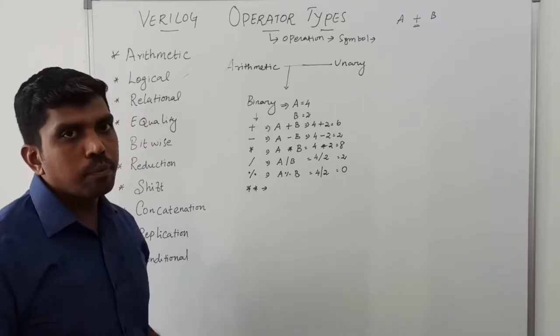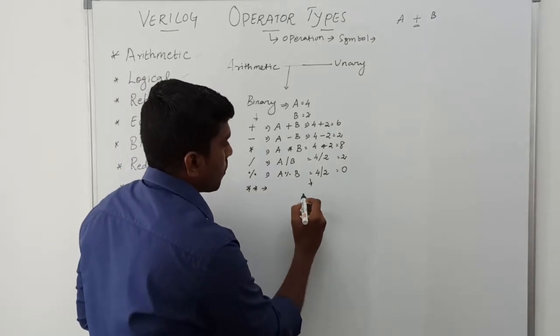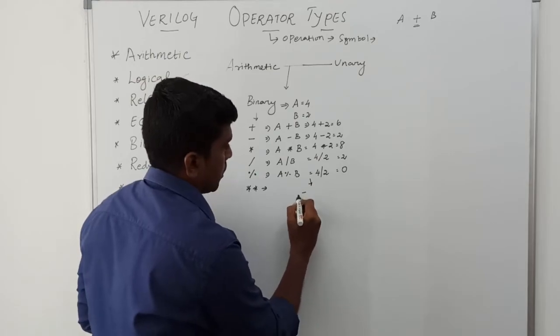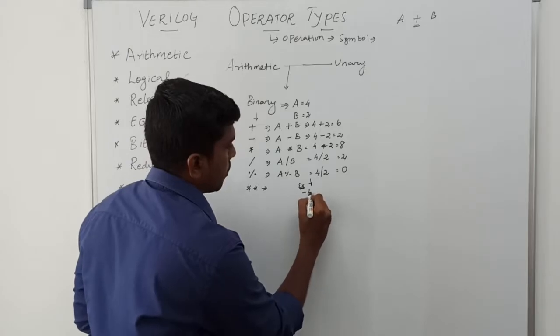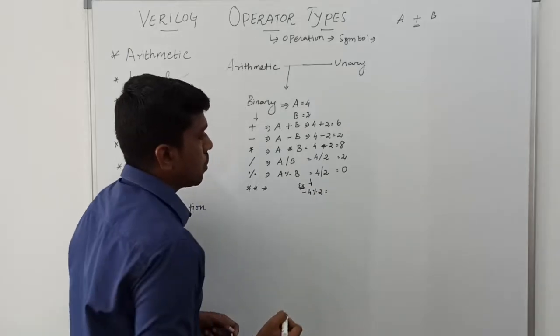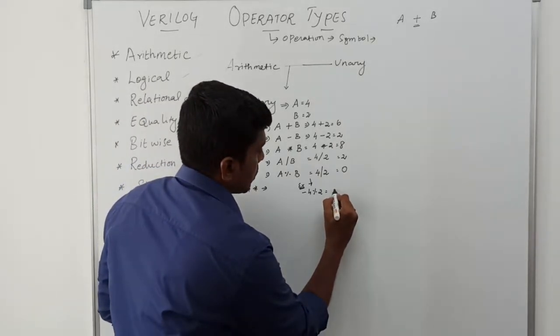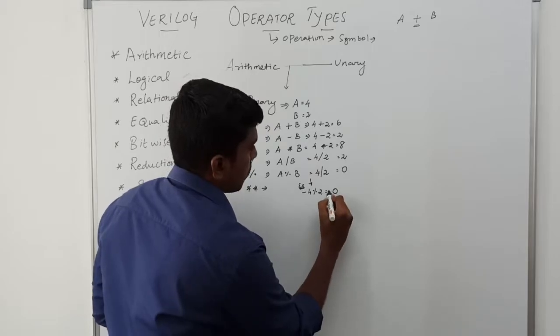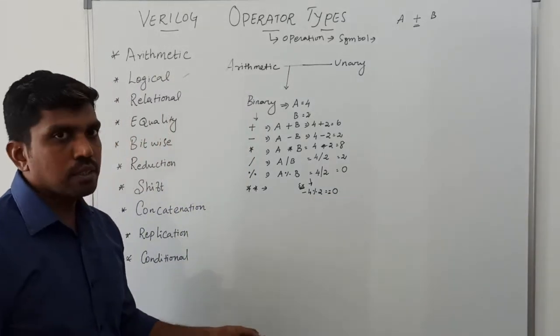In this modulo operation, suppose operand A has a negative sign. For example, negative 4 modulo 2. What is the result? Here the result is minus 0. Why do we mention the minus?